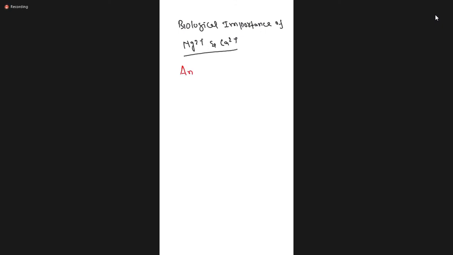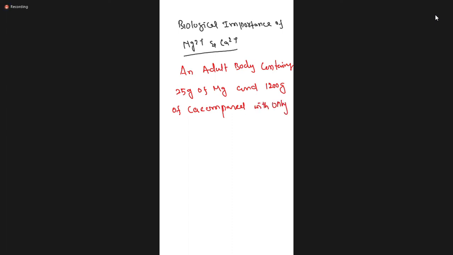An adult body contains 25 grams of magnesium and 1200 grams of calcium, compared with only 50 grams of iron and 0.06 grams of copper.